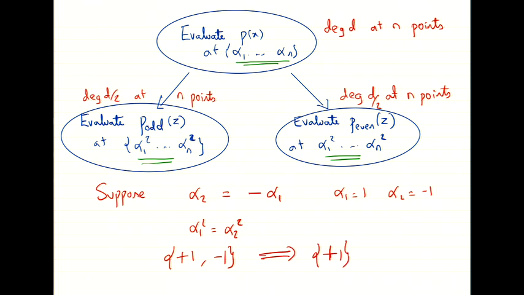That's nice because if your alpha 1 through alpha n over here, at the top, was just two numbers, plus 1 and minus 1, then in the subproblems, I just have to evaluate at the squares of these two numbers, which is just one number, plus 1.